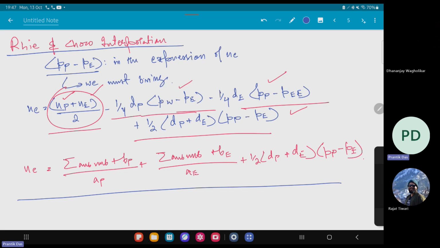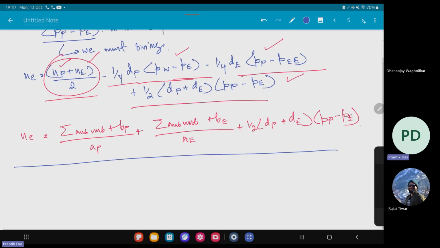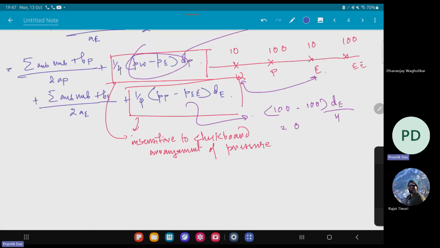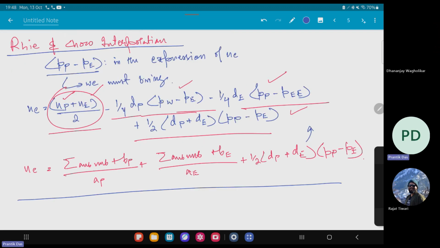Okay, so in this way this pp minus p, which is your arrangement like this 100 minus 10, this factor is taken into account. So this actually becomes what? Half of dp minus dp plus de times 100 minus 10. So this one is not equal to 0, which basically means that we are making it sensitive to the checkerboard arrangement of the pressure itself.